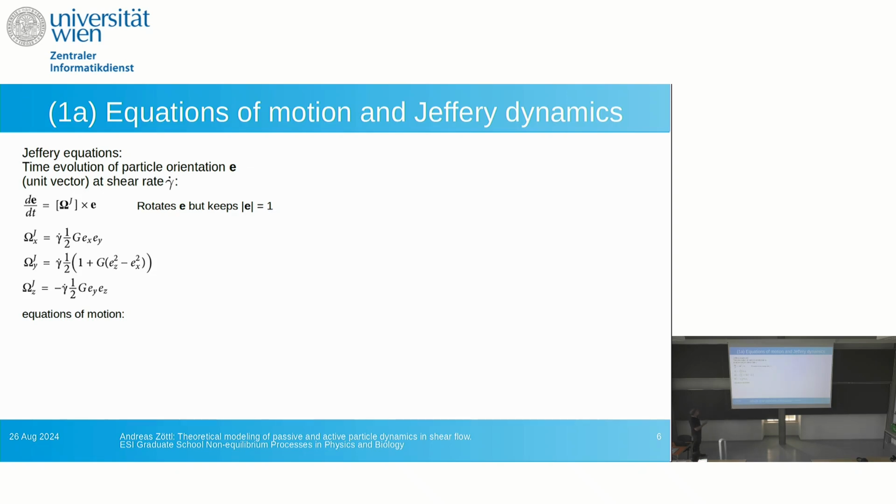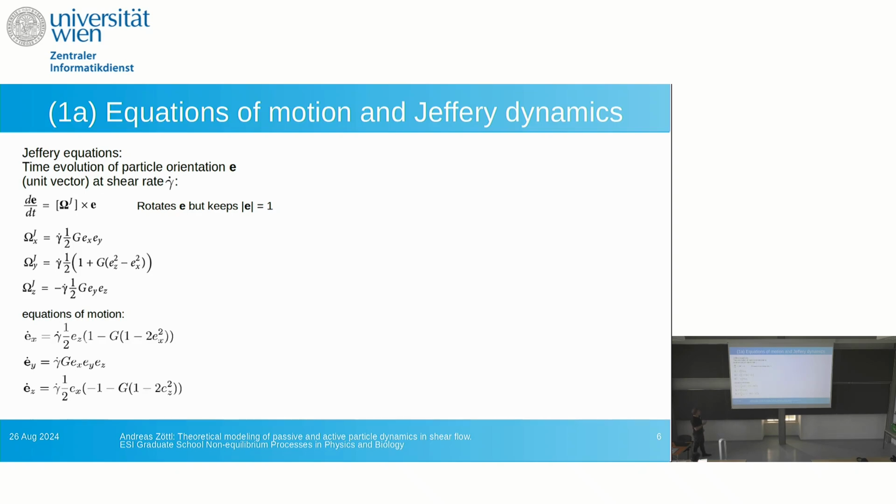So when we go to a particular coordinate system, we have this omega, and then you just insert it here, and you can easily write down the equations of motion for the director. So this dE over dt I write now as E dot, of all the three components. These are just simple coupled first order differential equations for the components of E.